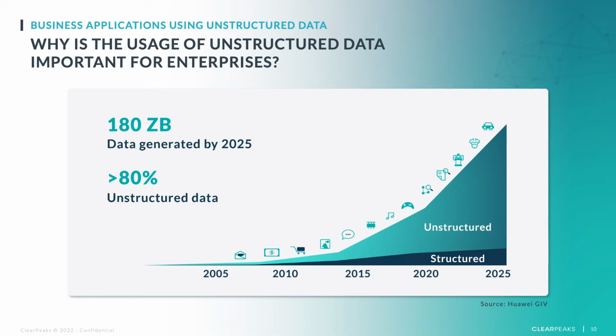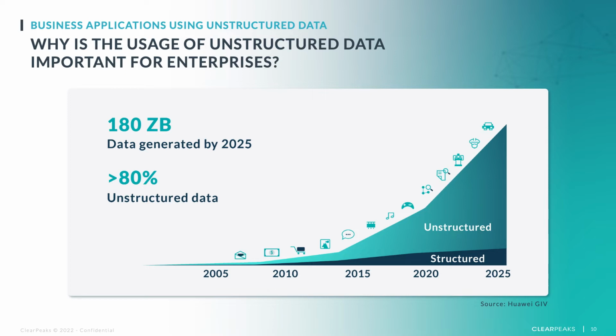And from this huge amount of data, at least 80% is going to be unstructured data. So it's really important for companies to be prepared for this new world of unstructured data and start taking actions for this.